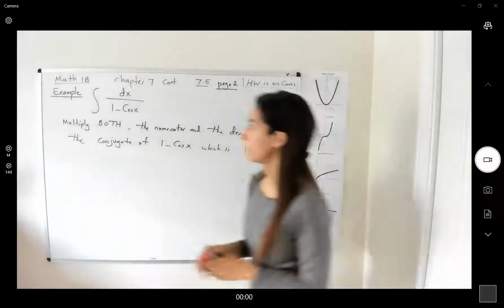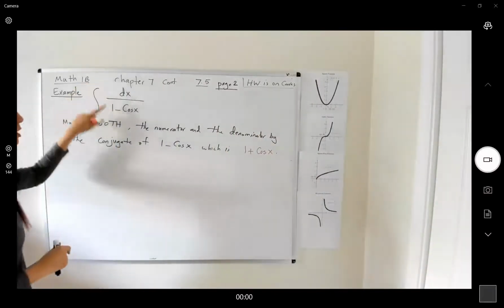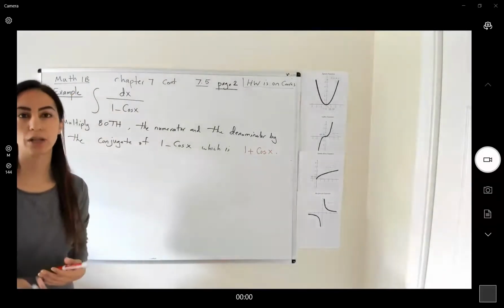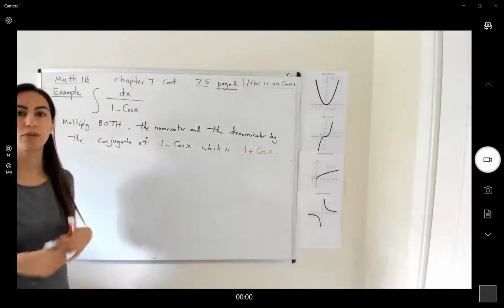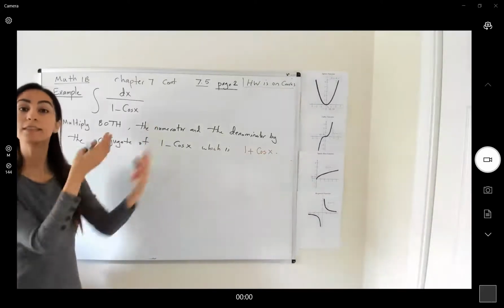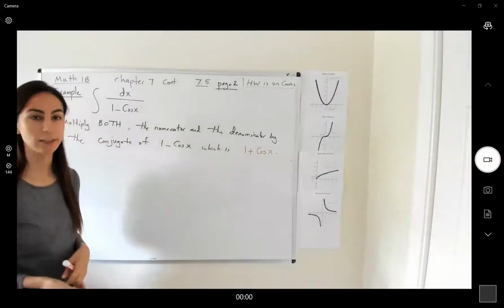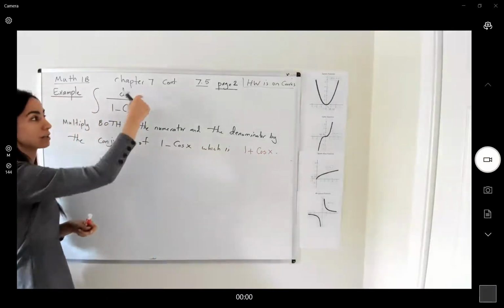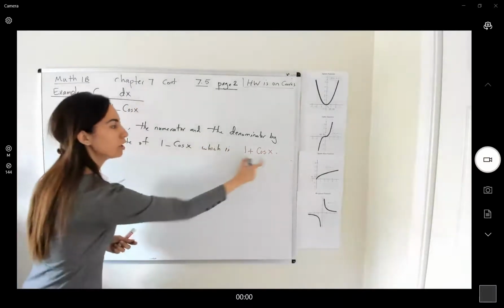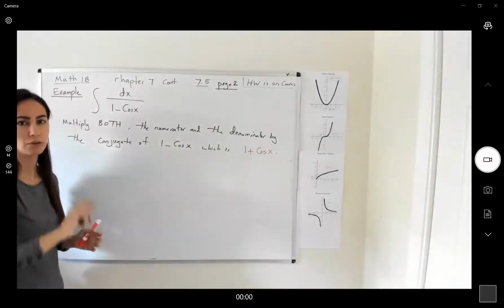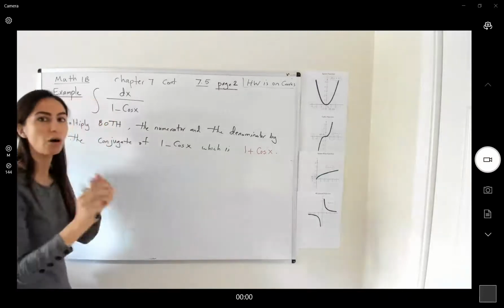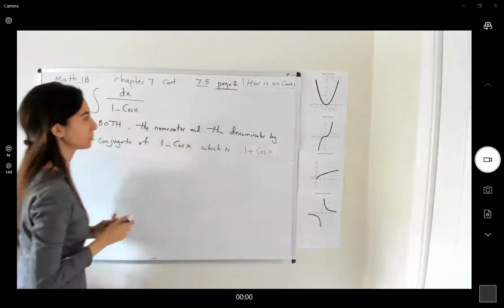So when you have an integral like dx over 1 minus cosine x, dx over 1 plus cosine x, dx over 1 minus sine x, you can always multiply the numerator and the denominator by the conjugate of your denominator, which is just the opposite operation that you're using.